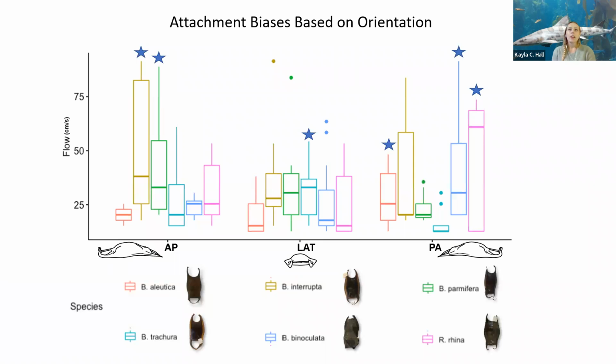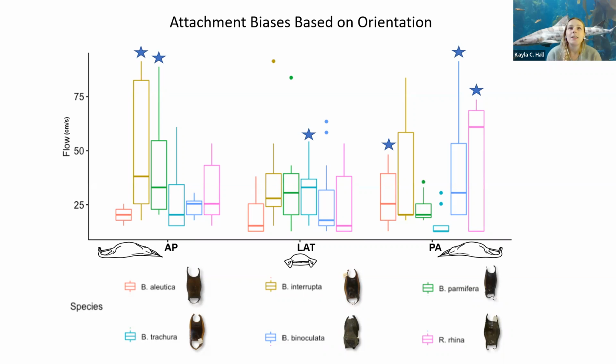Here we're looking at the species that showed a significant difference in their orientations with relation to flow. We can see that different species exhibit varying orientation biases to flow with regards to speed. In the anterior region or bias, we have Interrupta and Permifera, which exhibit the anterior horn orientation bias.